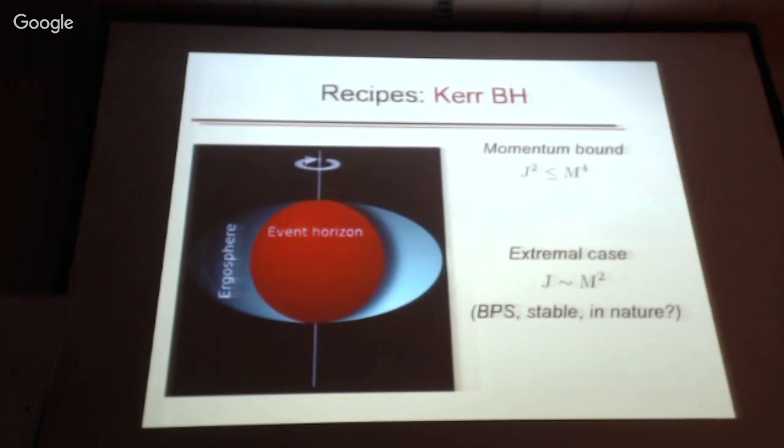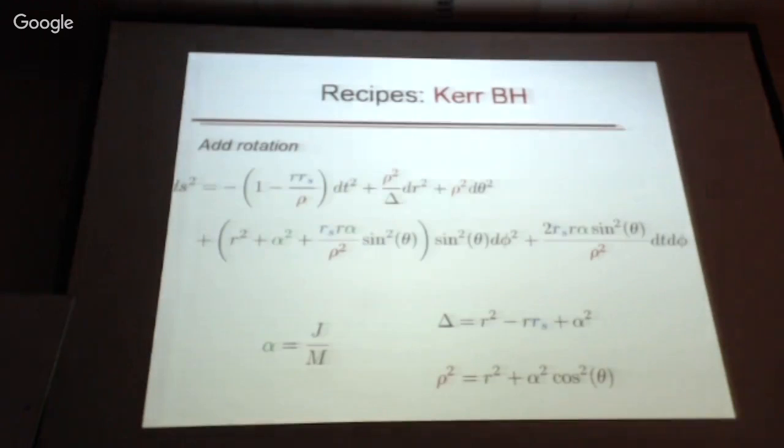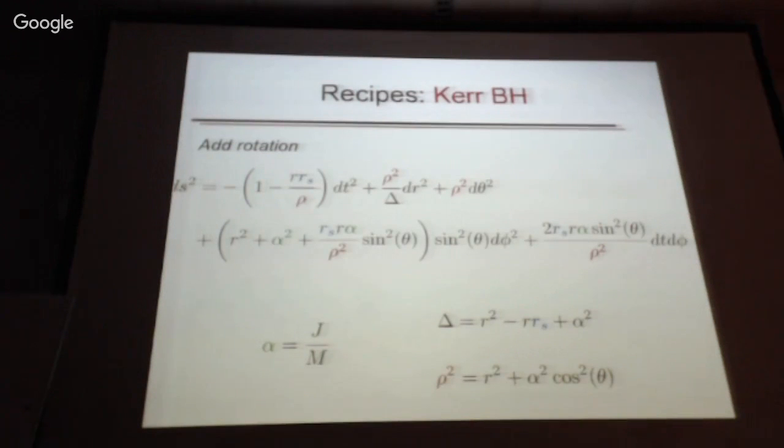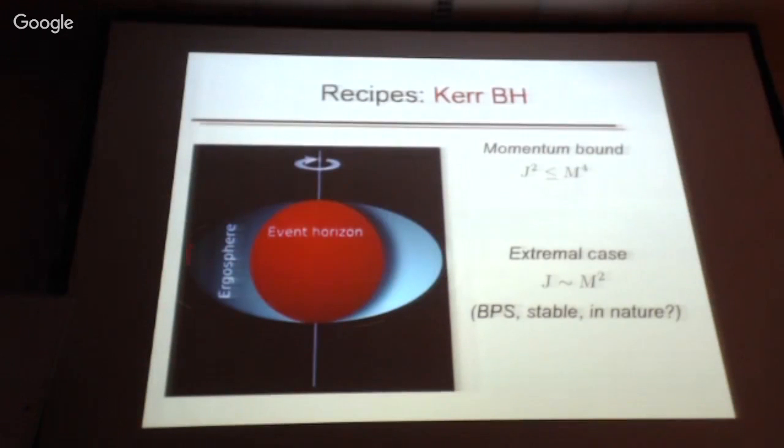So apart from this event horizon, that means where this factor goes to 0, I get what is called the ergosphere. And that is the following. If I have this black hole that is rotating in this direction, and I have a particle that is actually rotating in the opposite direction, as it falls into the black hole, once it gets into this ergosphere, it actually has to start rotating in the same way as the black hole.